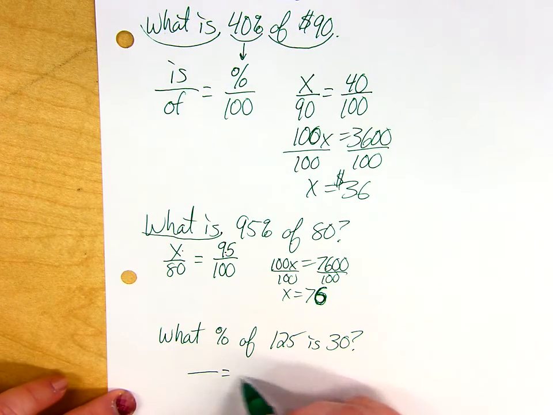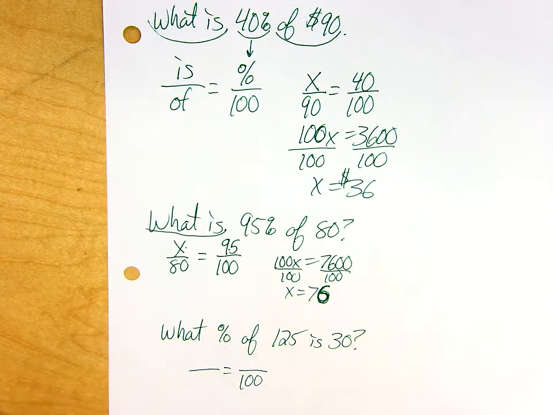So start off with your proportion and put 100 down there in the corner. And then see if you can figure out what goes in those other three spaces.